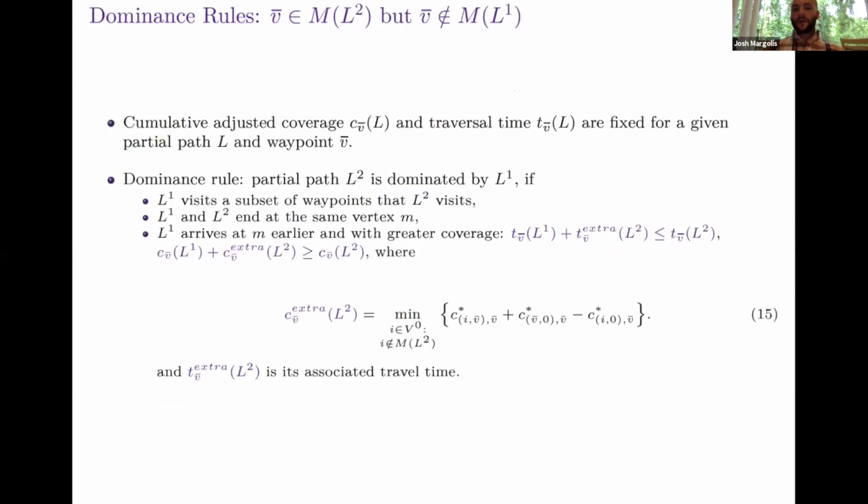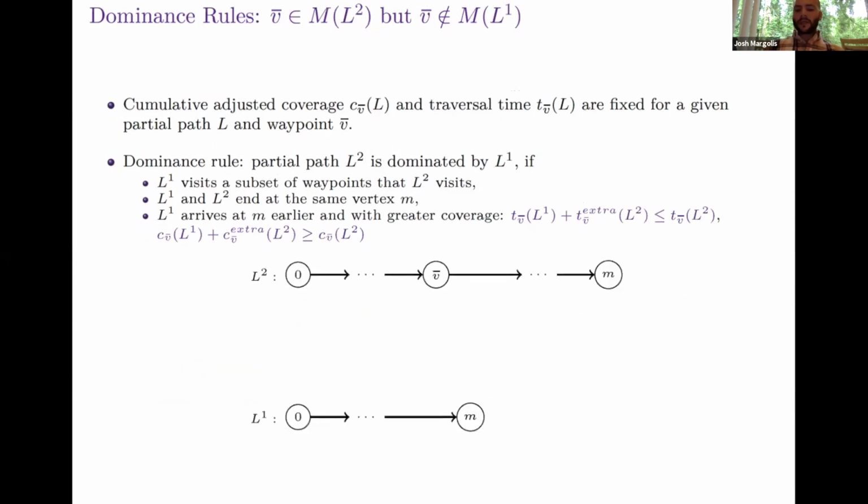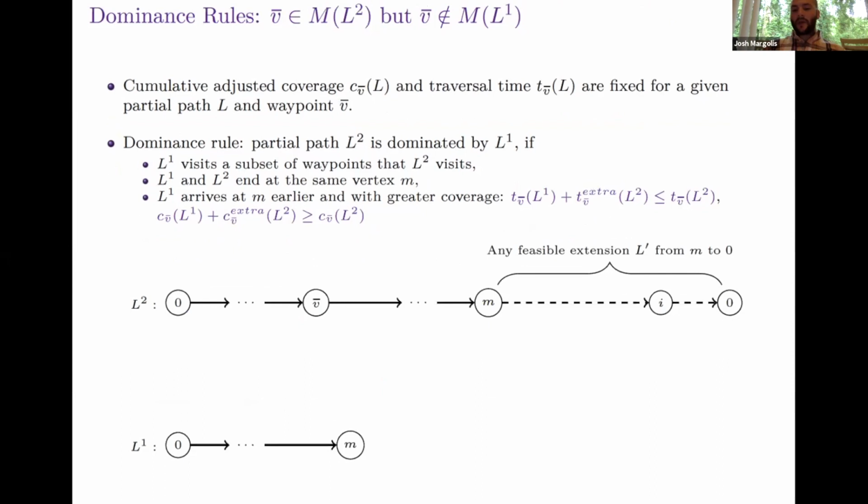The problem comes with what if L2 has visited V bar, but L1 has not? What that means is I can't just copy and paste the extension like I would want. What I really need to do is, in that label extension, insert V bar. I need to account for traveling to that node V bar and then traveling back.